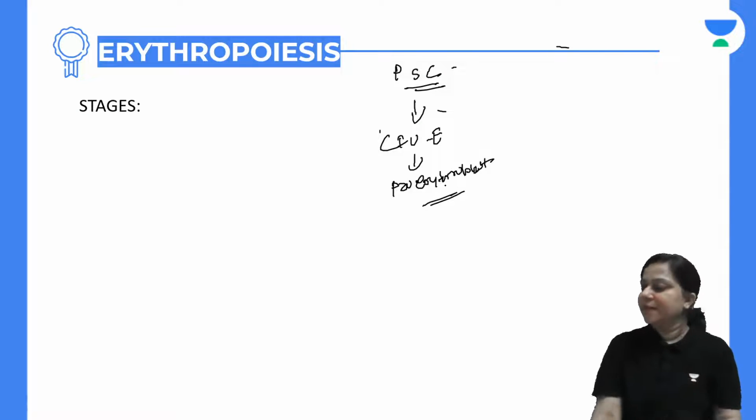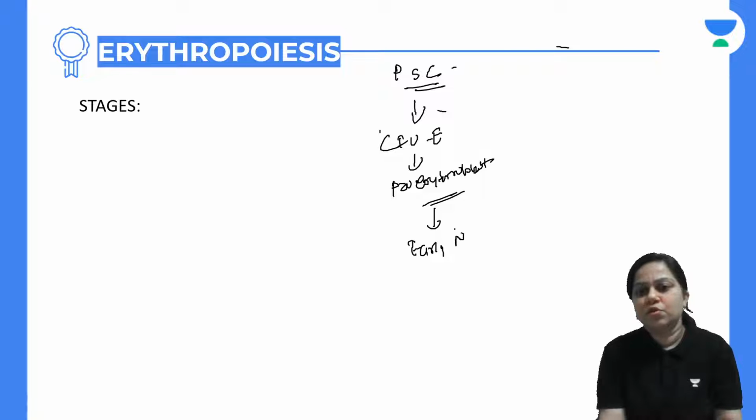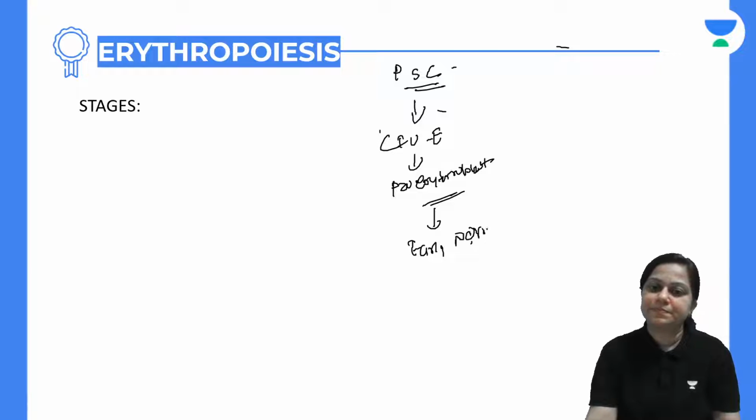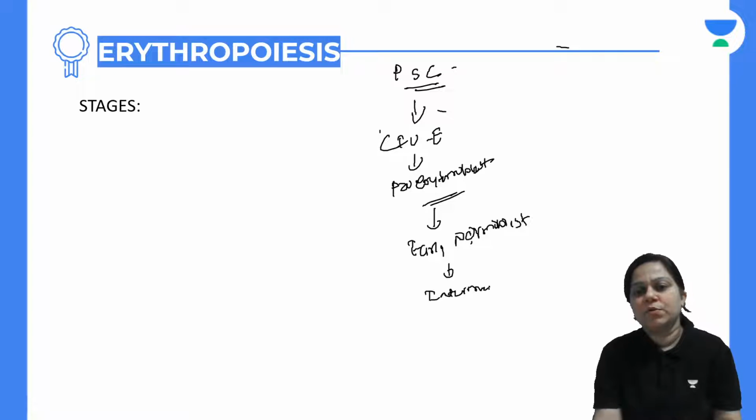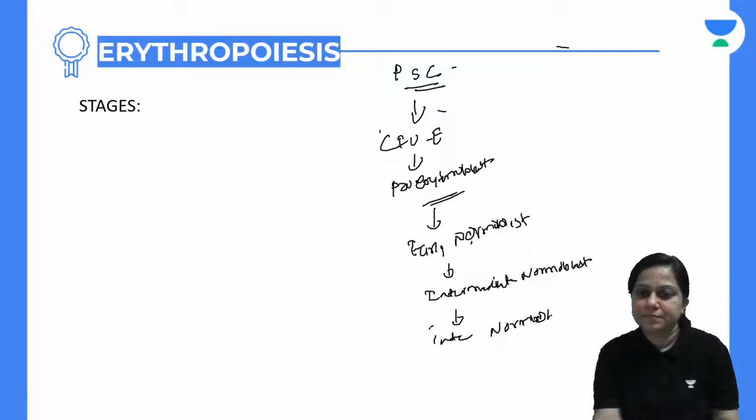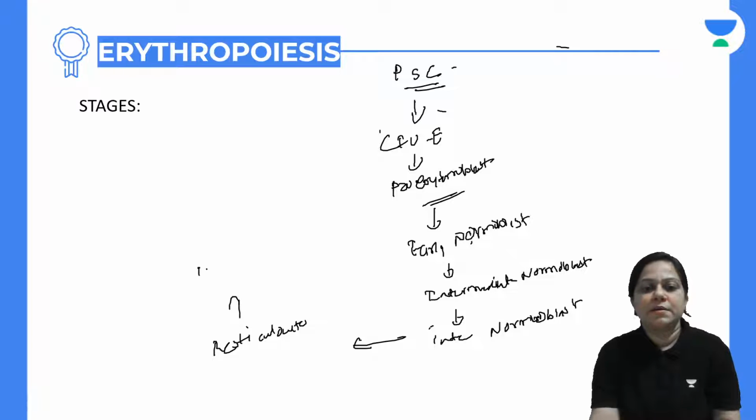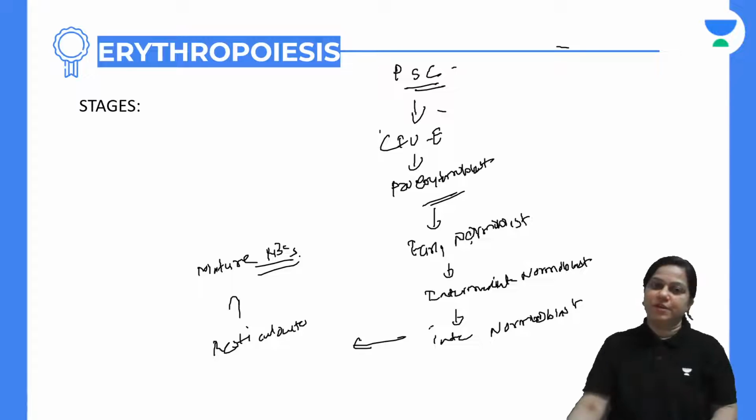Then from pro-erythroblast it will form early normoblast, then intermediate normoblast, then late normoblast, then reticulocyte, and mature RBC will be released into the circulation.